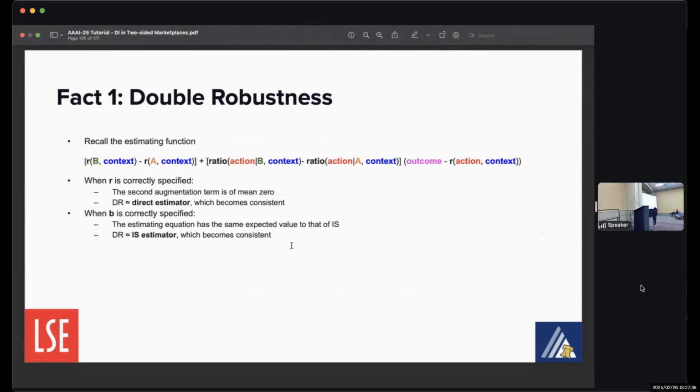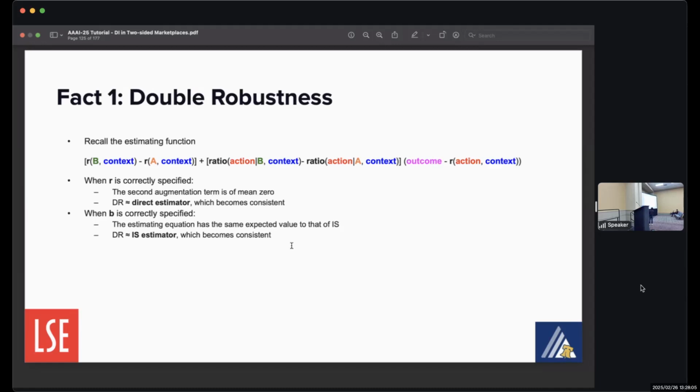Next, I want to talk about some of the properties of the double robust estimator. The first property is the double robustness property. You can verify that if the reward function is correctly specified, then the double robust estimator will be approximately equal to the direct estimator, which is of course consistent when the reward function is correctly specified.